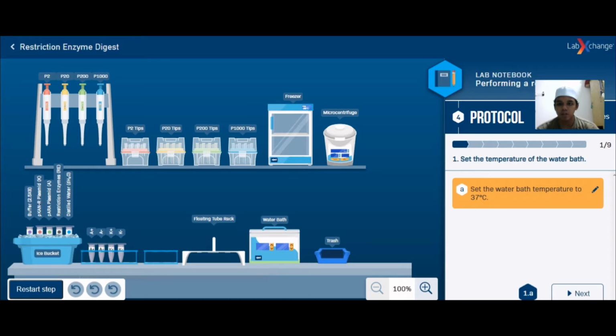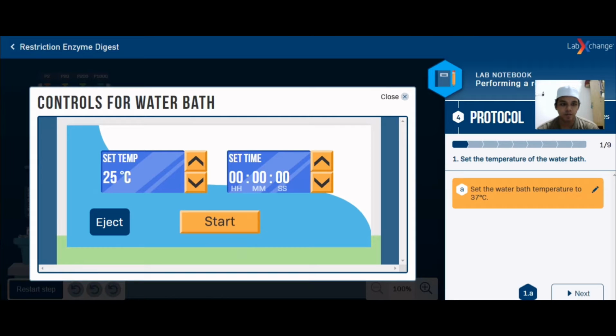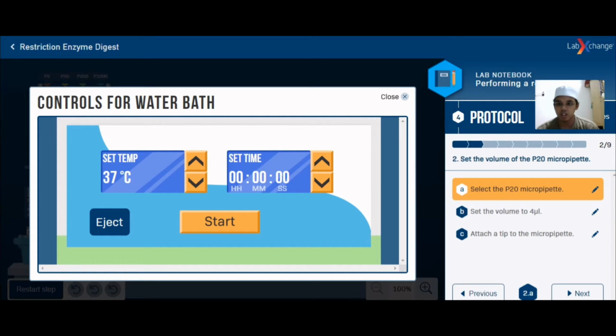The first protocol is we need to set the temperature of the water bath. Set the water bath temperature to 37 Celsius. Next, set the volume of the P20 micropipette.